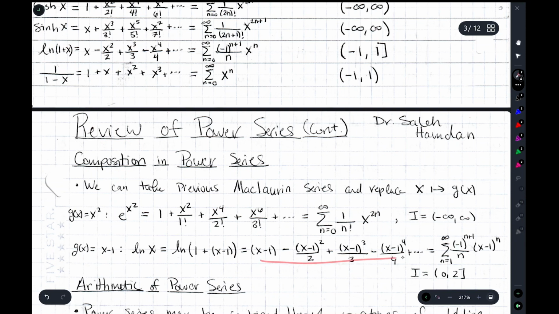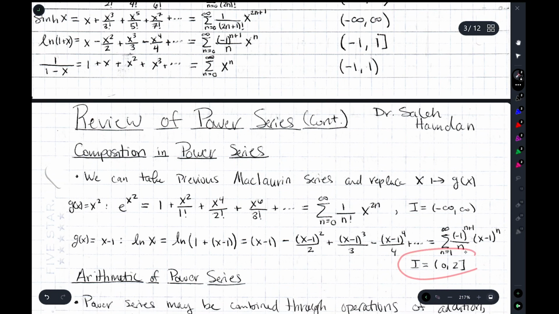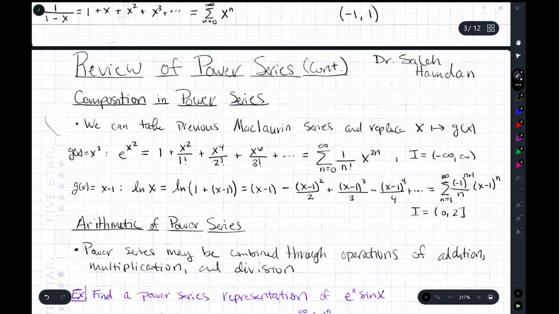And we get the corresponding power series there. And something to note here is that we've shifted the interval of convergence in this case. Now it's 0 to 2, okay, rather than this minus 1 to 1, okay? And so here we also see how the interval of convergence can change with the composition. So you got to be mindful of that.